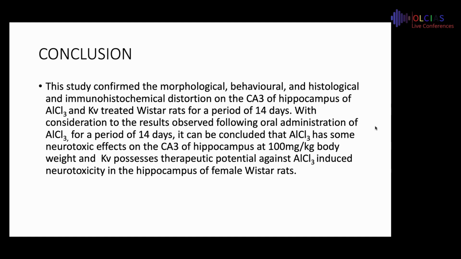Thereby, their properties are kind of similar to the control group that has not been given any toxic agent. But comparing it to the aluminum chloride group, I see that they suffer a lot of damaging effects due to the administration of aluminum chloride. Next slide, please.